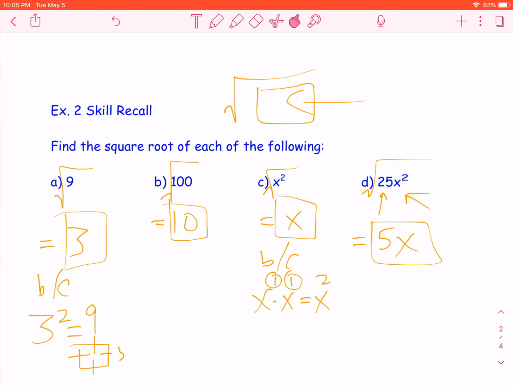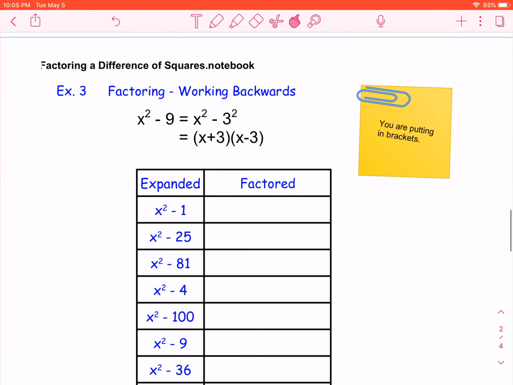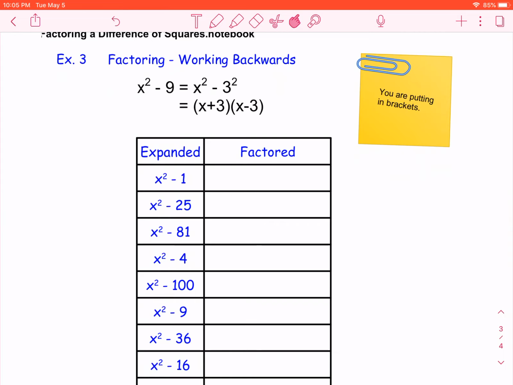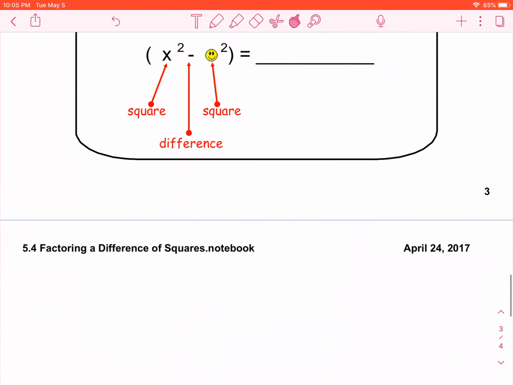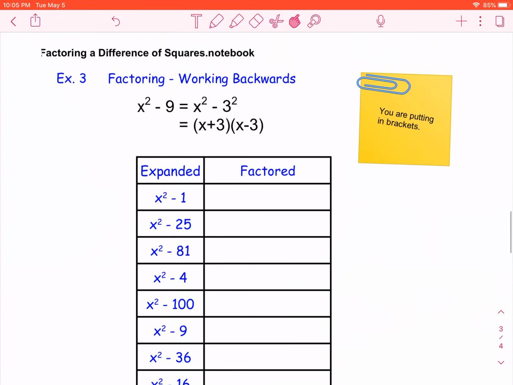Okay, so let's get to some actual questions and see what it would look like. So basically, this is on working backwards, so factoring. How do we get to our final step? This is actually what a question would look like. We would have x squared minus 9.